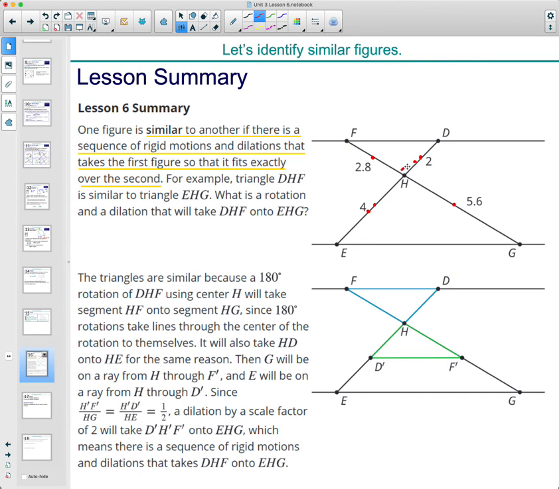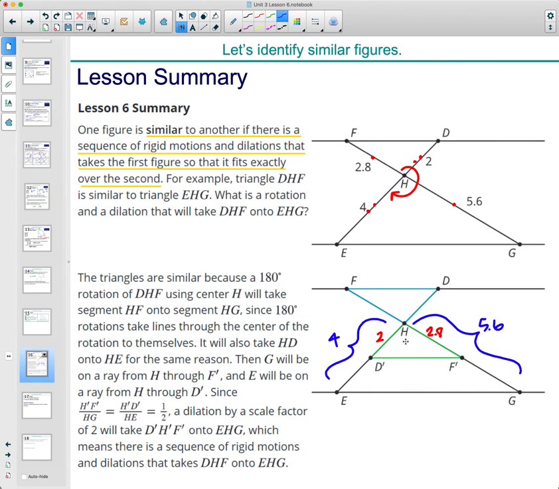If we do a 180-degree rotation, that will flip this blue triangle over into this bigger triangle. So now we've got the 2 and the 2.8 here, and remember that this was 5.6 and this was 4.